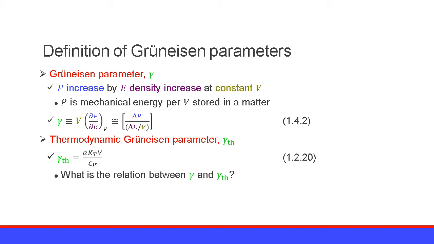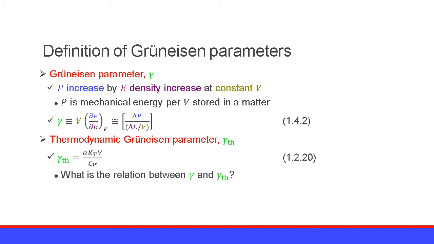According to the concept mentioned above, the definition of the Grüneisen parameter gamma is given as the product of the volume V with the partial derivative of pressure P with respect to the internal energy E at constant volume V, which is nearly equal to the pressure increase divided by energy increase per volume.